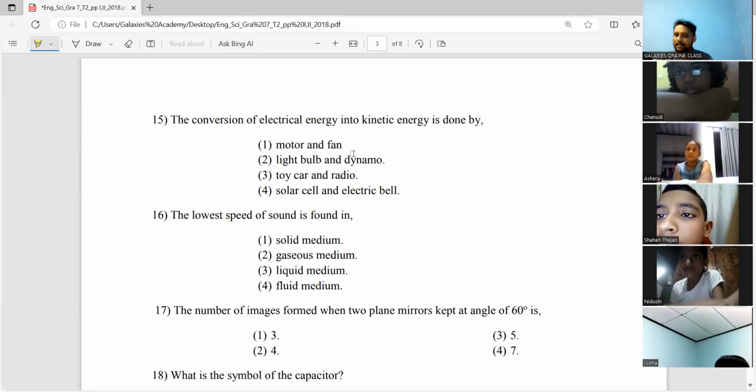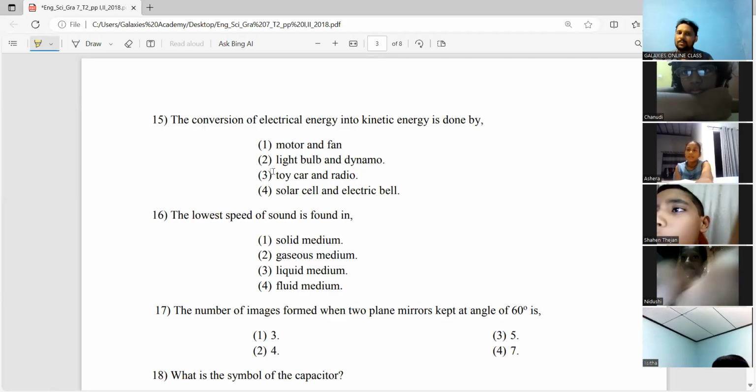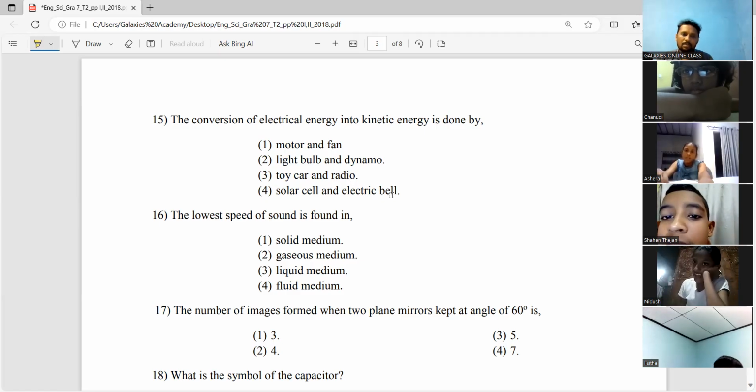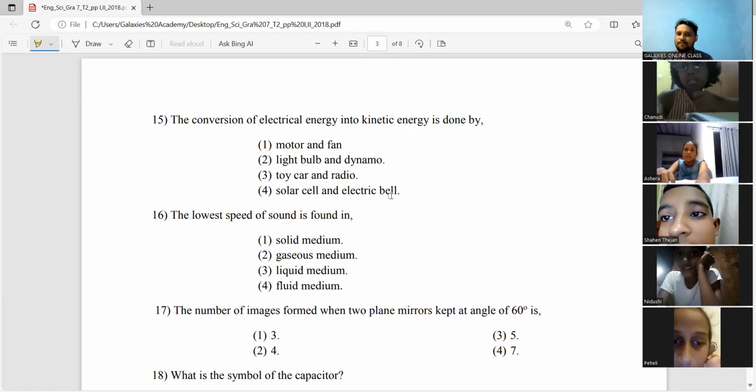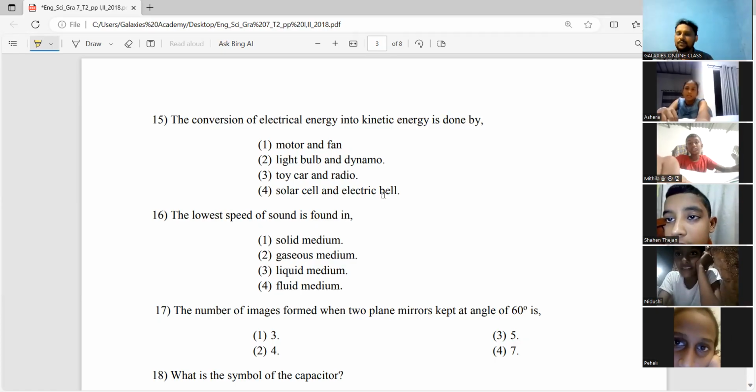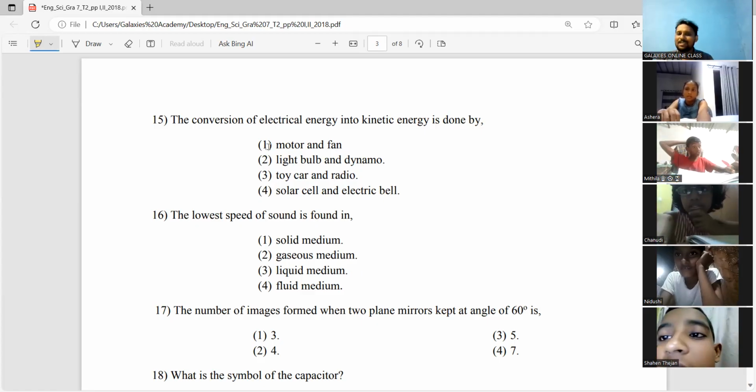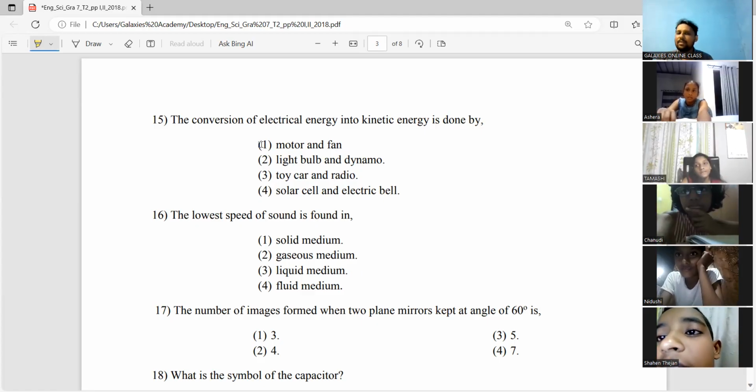Motor and fan. Light bulb and dynamo. Toy car and radio. Solar cells and electric bell. What is the most suitable answer for this question? Fourth. Motor and fan. Yes, motor and fan.